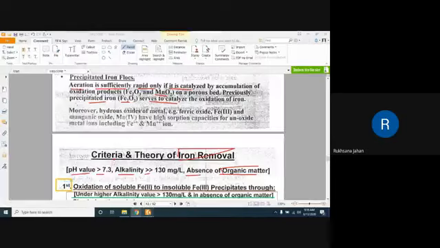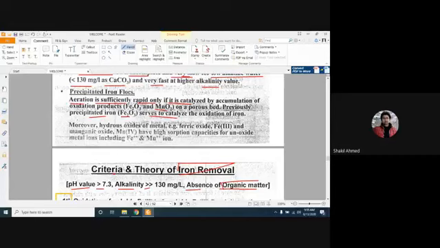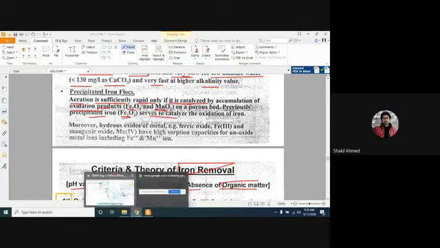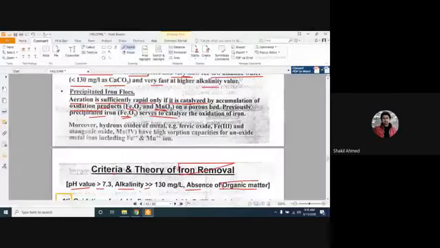Yes, sir. So that's what they're telling, that aeration is sufficiently rapid if it is catalyzed by accumulation of oxidation products like ferric oxide or manganese oxide. Sometimes manganese oxide is also formed. We'll see in case of manganese.